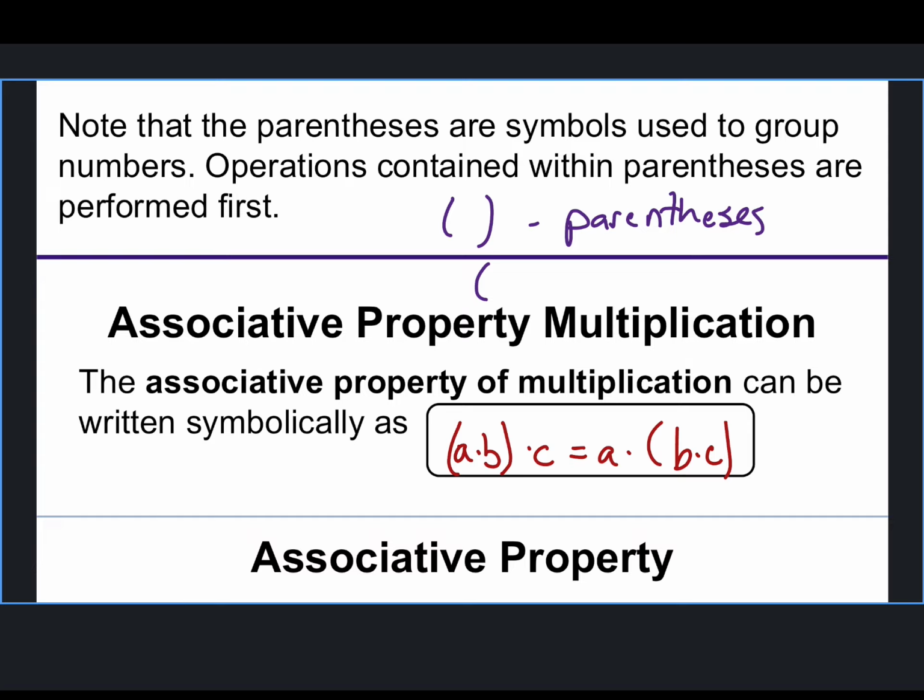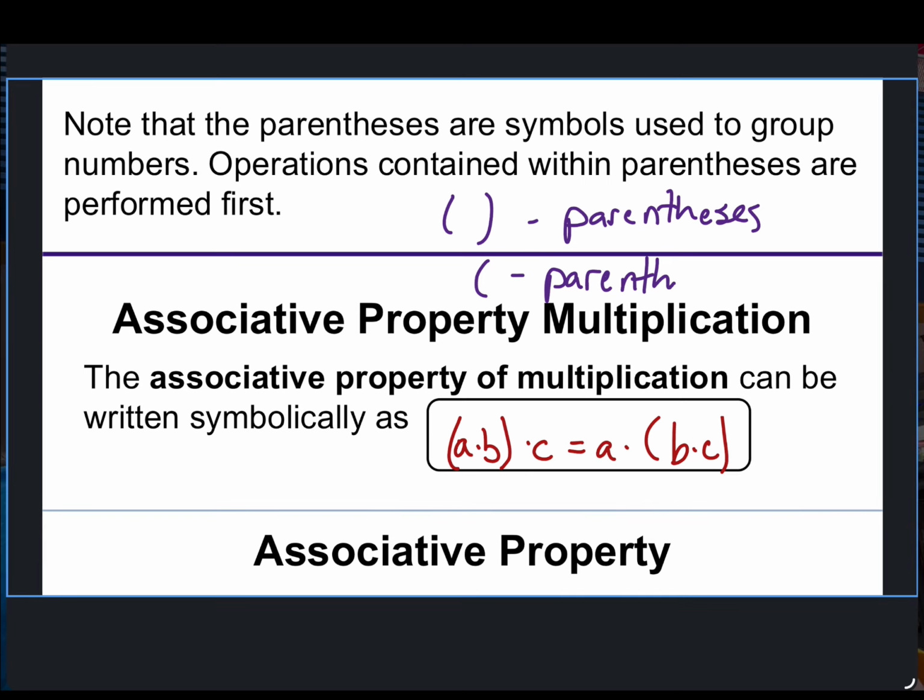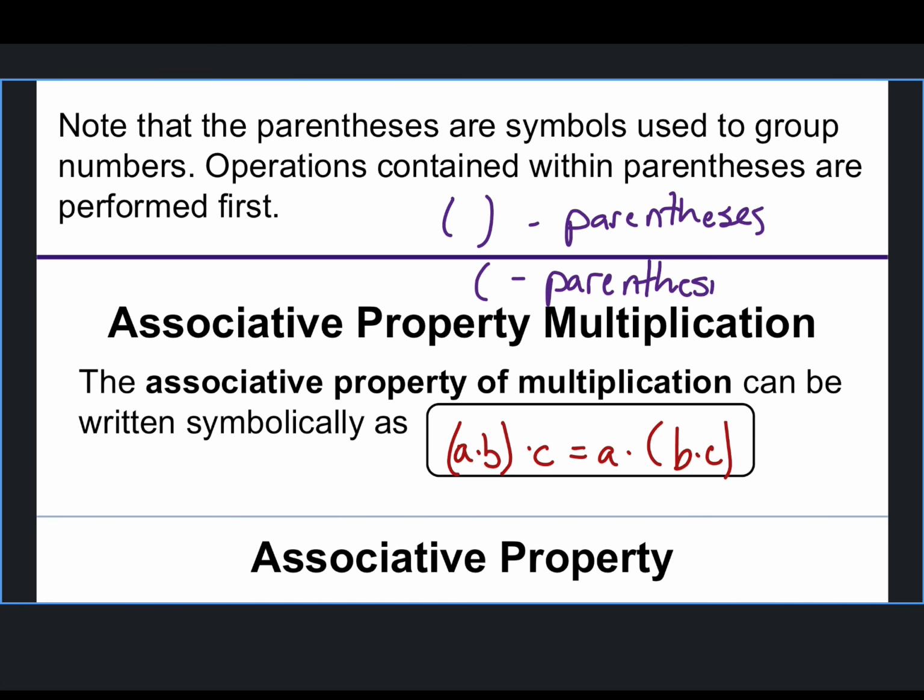That was a good joke. It's a parenthesis. Oops, I can't even spell it. Parenthesis. Is anyone ever going to expect that you'll know that? No. Does that ever come up in one of those problems where it's just one?